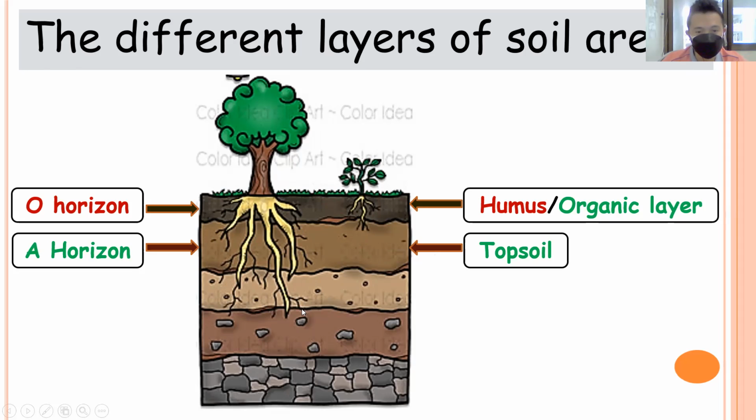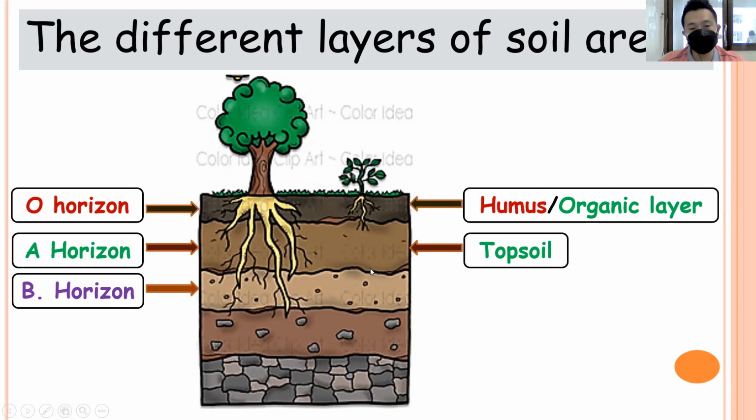So I will tell you later what is that. I will explain first the topsoil. The topsoil is a very good soil as well, the same with humus or organic. And there are lots of animals that live in this layer.